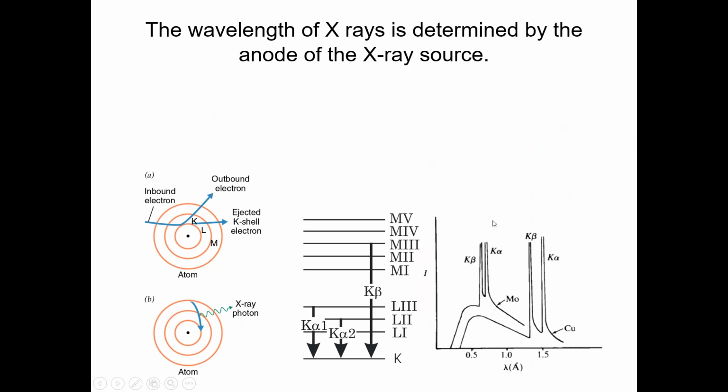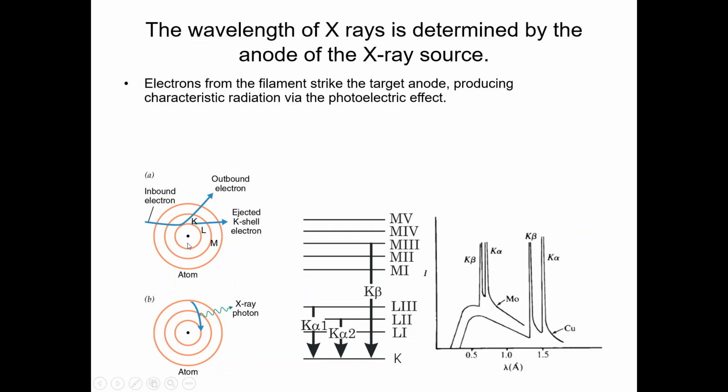The wavelength of the X-rays is determined by the anode of the X-ray source. To clarify your concept of X-ray production, which you already know from your basic physics class, here you can see the typical X-ray production process, and why we call it K alpha or K beta, or K alpha 1, K alpha 2.